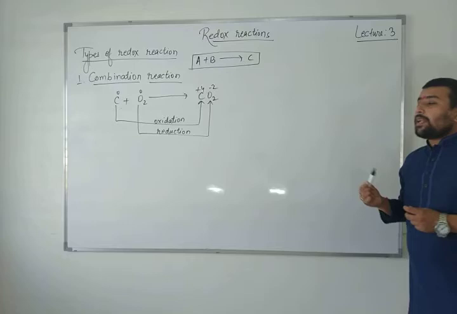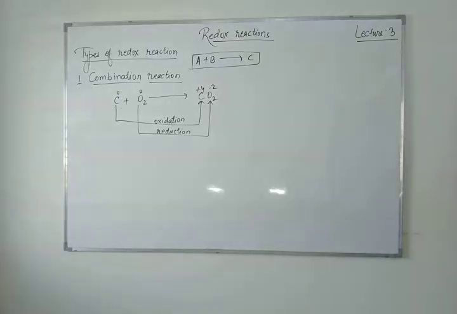In this single product you have to show both phenomena, and either A or B, or both A and B, must be in the elemental form for such a reaction to be a redox reaction.